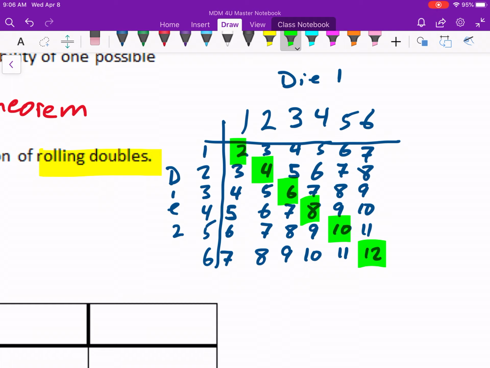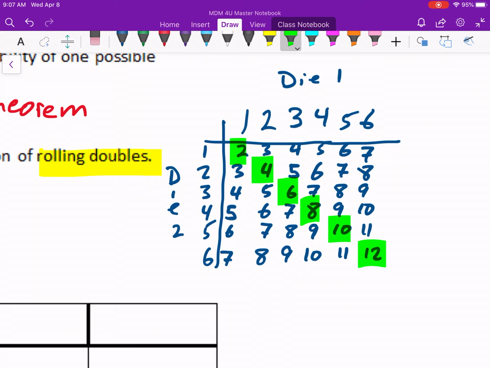However, to get the probability of getting doubles on a single roll, we also have to remind ourselves of how many outcomes are possible. So this table shows all the possible outcomes. If you remember, there's 36 outcomes from rolling 2 dice. They're all represented here. So of those 36 outcomes, 6 of them are rolling doubles.